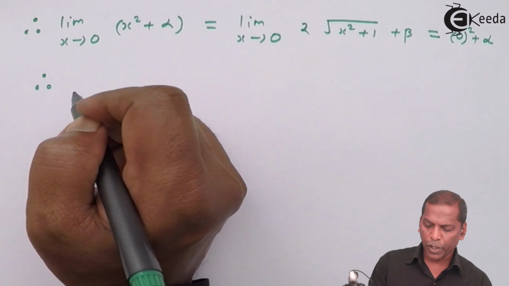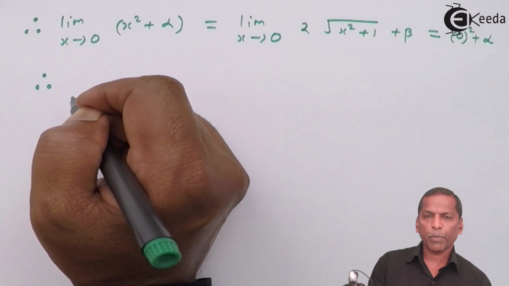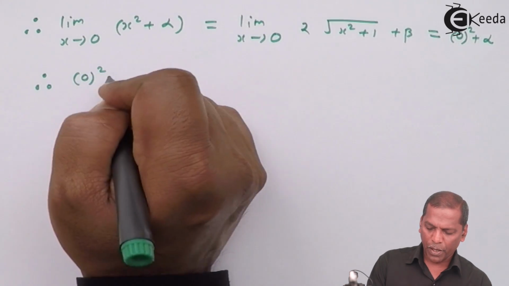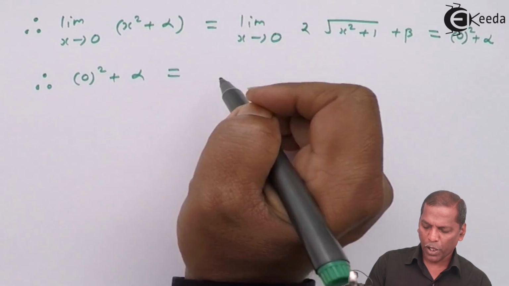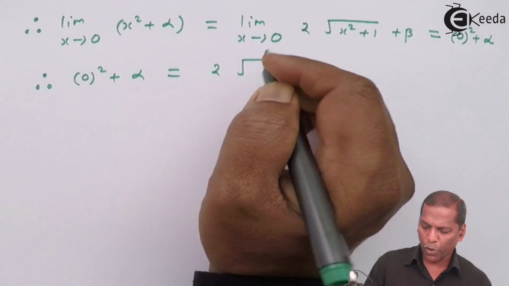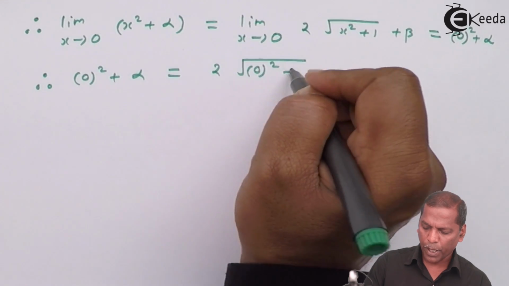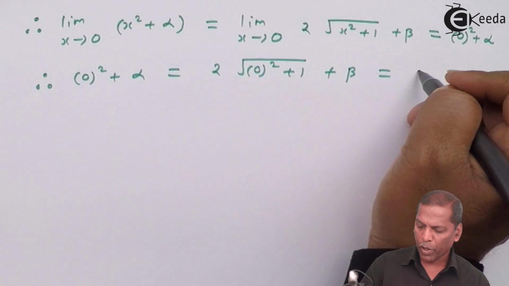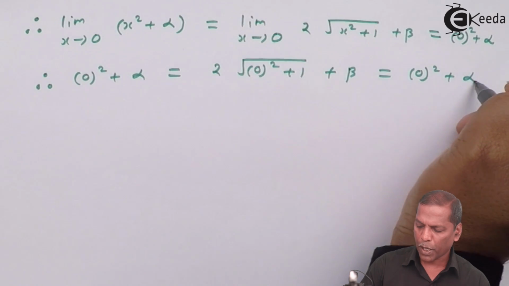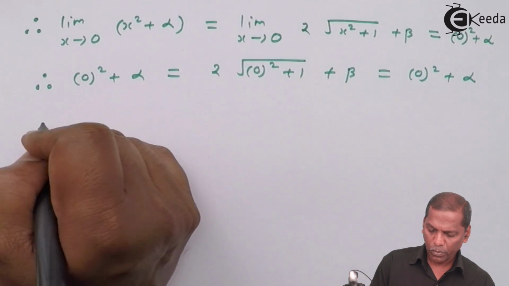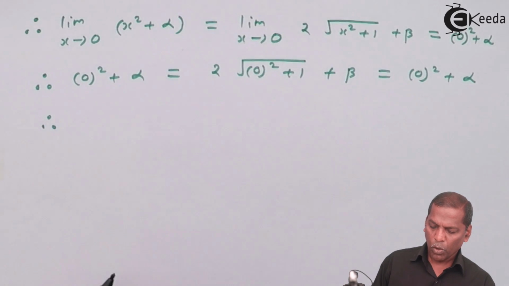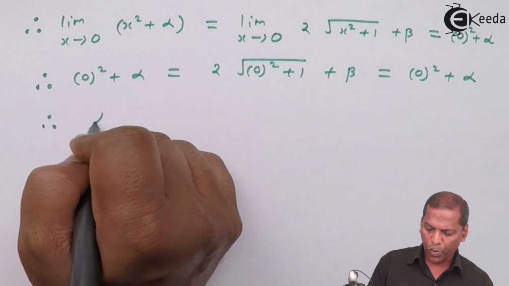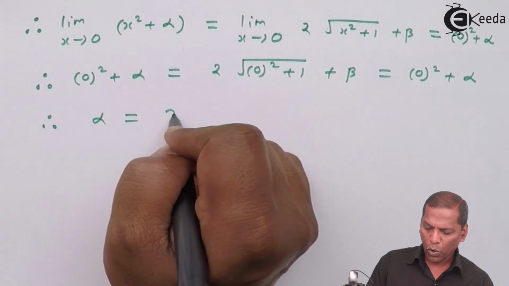Therefore the next step will be, wherever x appears we substitute the limit as x tends to 0, so we get 0 square plus alpha, that equals 2 into square root of 0 square plus 1, square root complete, and then plus beta, and we write 0 square plus alpha as it is. So in this way 0 square gives 0 plus alpha, so that is alpha.